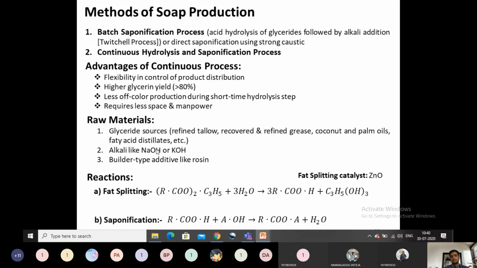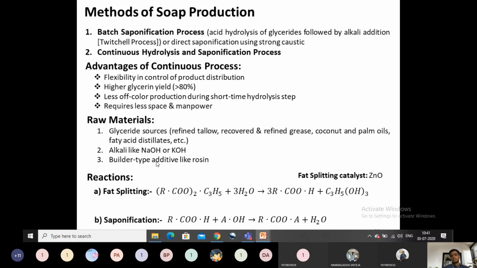Then alkali we have to use in order to carry out the saponification reaction. So alkalis like NaOH or KOH are used. The soap we manufacture when KOH is used is called a soft soap, which is used in shaving creams, etc. Whereas when we manufacture soap using NaOH in our saponification process, it is called a hard soap, which we use in our day-to-day life.